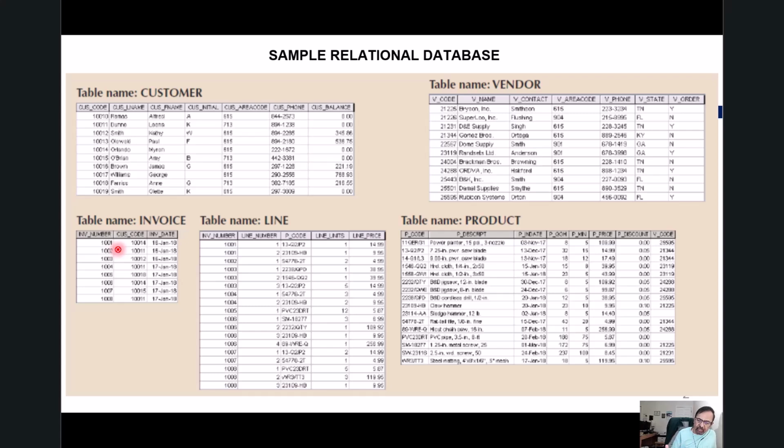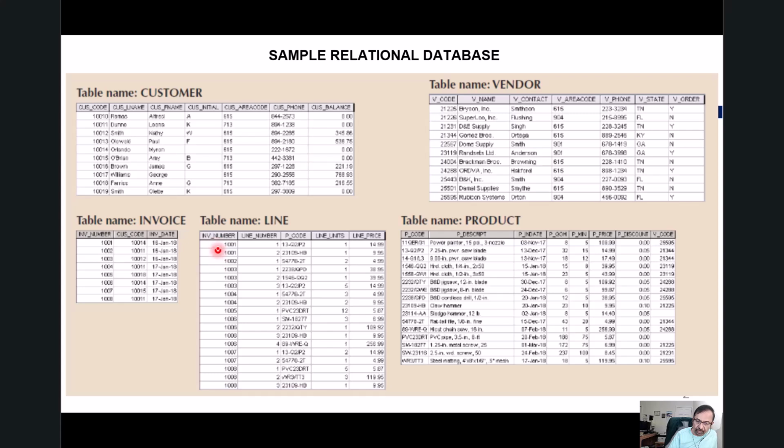Now the extraction can get much more sophisticated. Let's see a couple of examples of more sophisticated kinds of extractions. Suppose I want to know the total dollar value of invoice number 1001. So what's the total value of that particular invoice? Now think of what needs to be done. This particular invoice, 1001, has two line numbers.